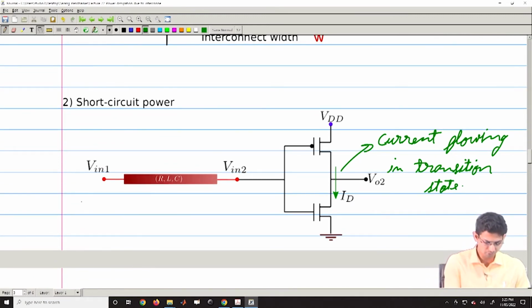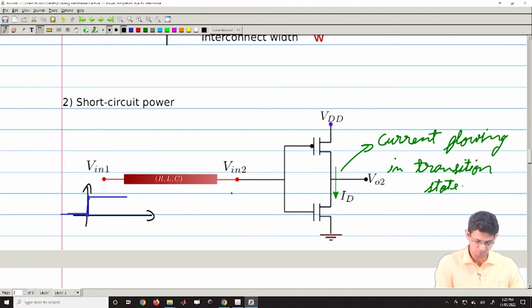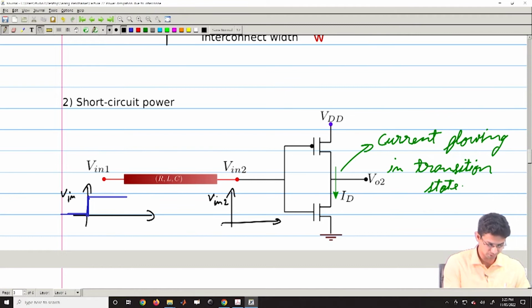So, what happens is that here you are giving some input signal like this. Now, at the output of the interconnect, V in 2 is the output, and this is V in 1.